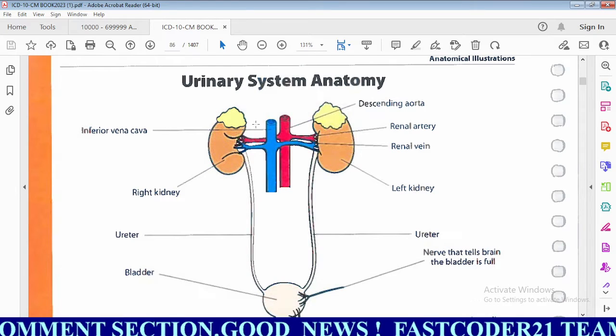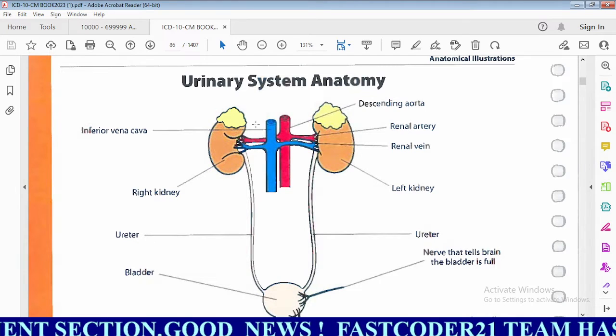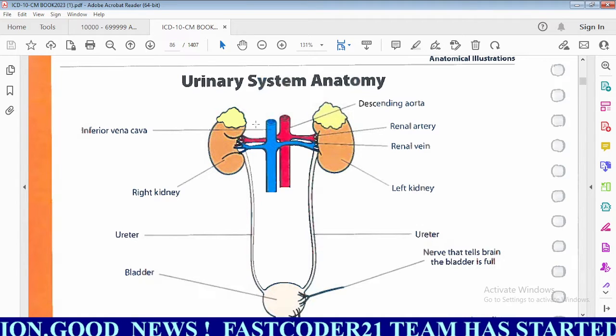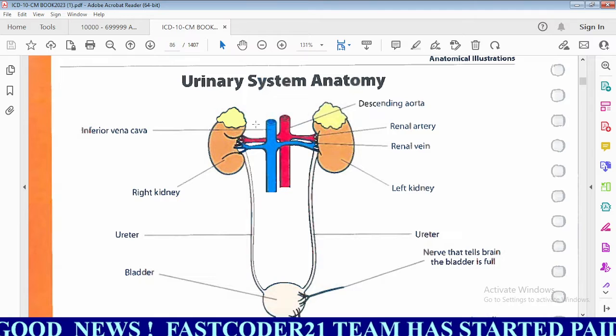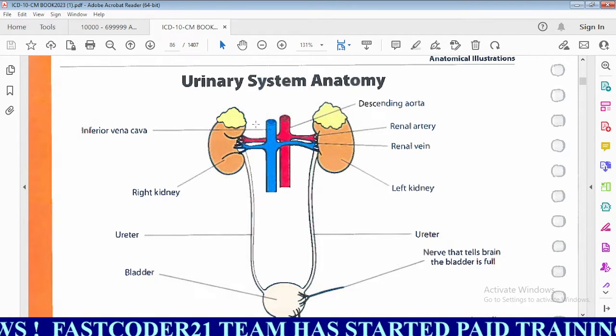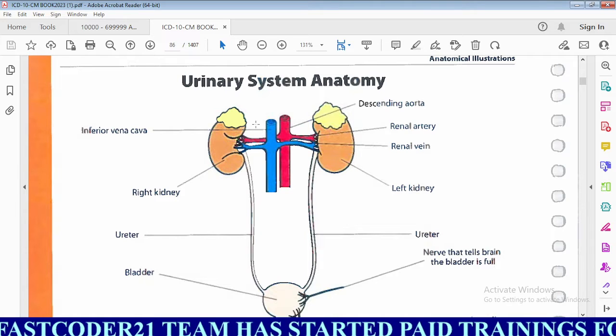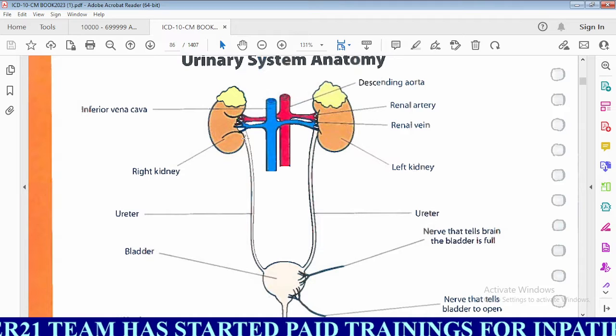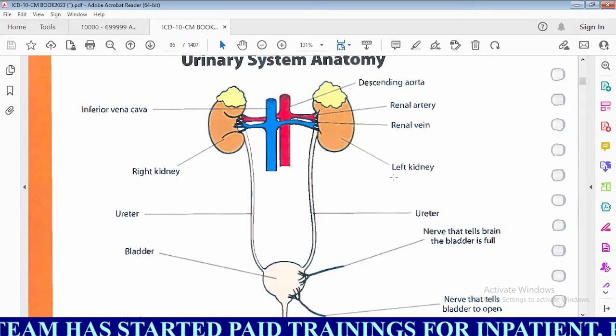So as usual, whenever we learn new system in CPT, we need to know the anatomy first. So as we are going to learn about urinary system, first we will check few important points related to urinary system anatomy. So if you see here, we have two kidneys, right kidney and left kidney.